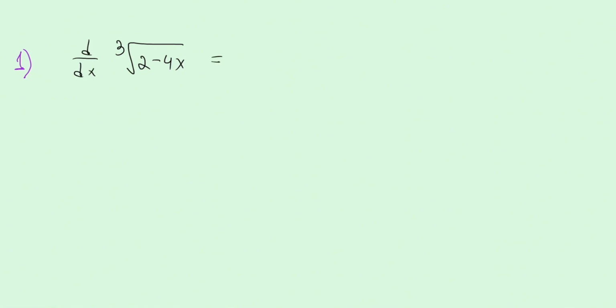To find the derivative, first we're going to use the chain rule and find the derivative of the outside function. So let's rewrite this. This would be 2 minus 4x raised to the 1/3 power, since the inside is raised to the first power and the outside function is raised to the third power, so it's going to be 1/3.